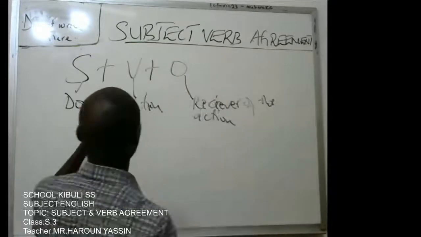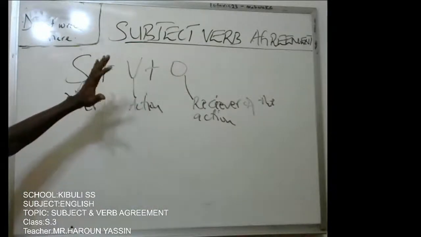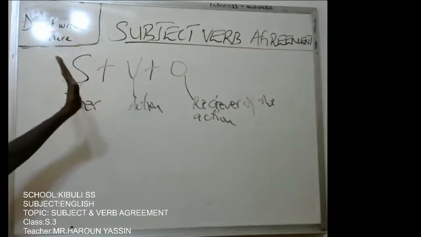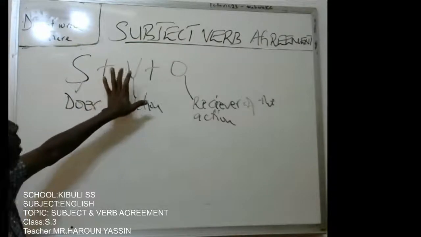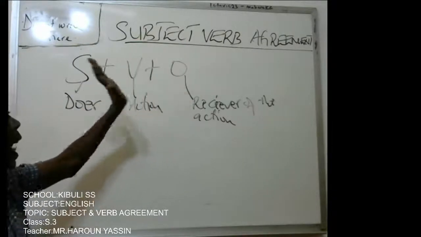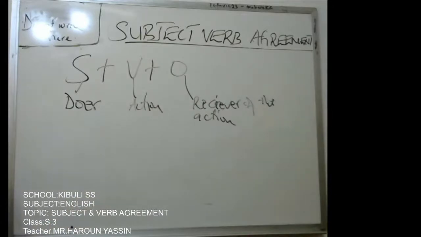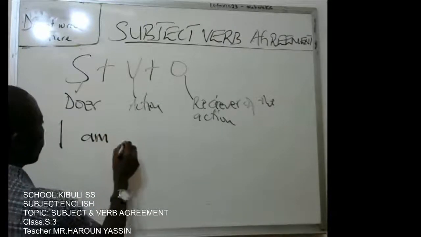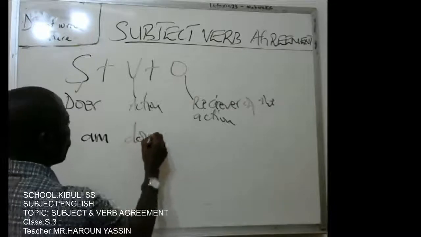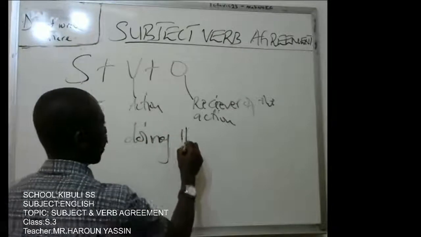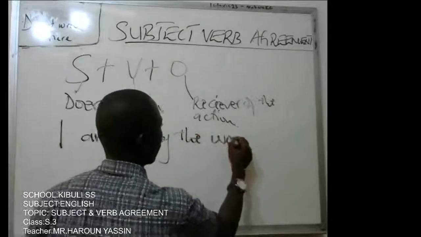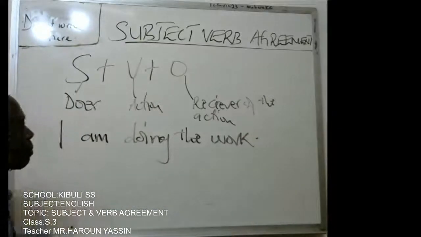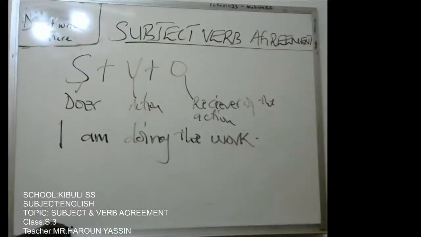So when I talk about the structure of a simple English sentence, which is the subject, the verb, and the object, I will give a simple sentence here. I can say, I am doing the work.